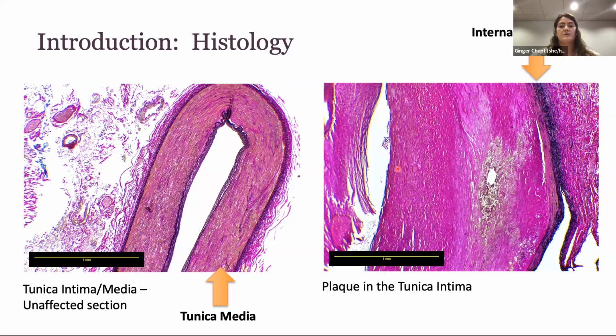So knowing if our renal artery change was on top of the internal elastic lamina or between the internal elastic lamina and the external elastic lamina was helpful for us to identify either a plaque or fibromuscular dysplasia. And some components of a plaque would be the central necrotic core. And that is what we can see in the middle of this plaque right here.